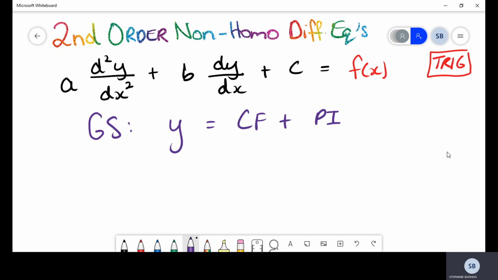What essentially changes is that particular integral, because your particular integral is related to your function on your right-hand side, and that's the only factor that would change in your solution.